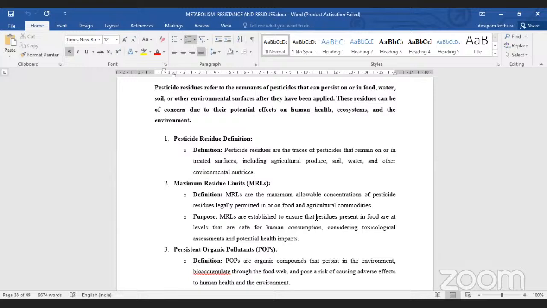This may be defined as the maximum level of pesticide residue which is present in or on a produce when pesticide is used under supervision following good agricultural practices. Okay, and this maximum residue limit is primarily intended to be used in international trade, and the concentration is generally expressed in parts per million.